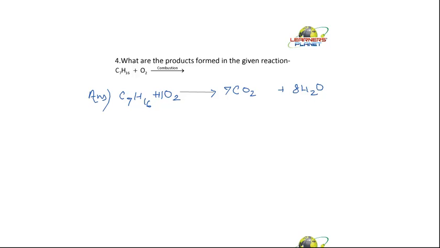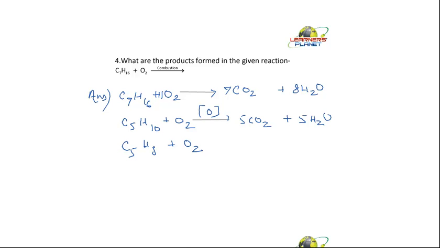So students, it can be any hydrocarbon. Say I am having here C5H10 burnt in oxygen. It is an alkene. I hope now you know what is an alkene and alkyne. This will also give me carbon dioxide and water. If I am taking an alkyne, C5H8, I am again heating this, but for this you require a large amount of oxygen.